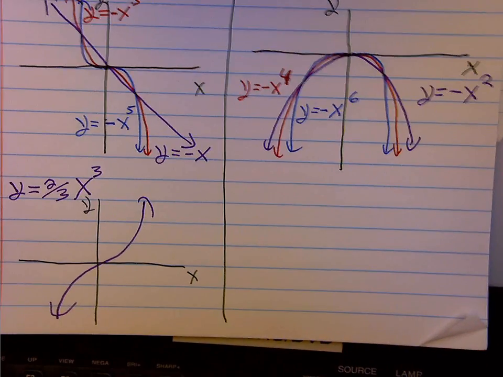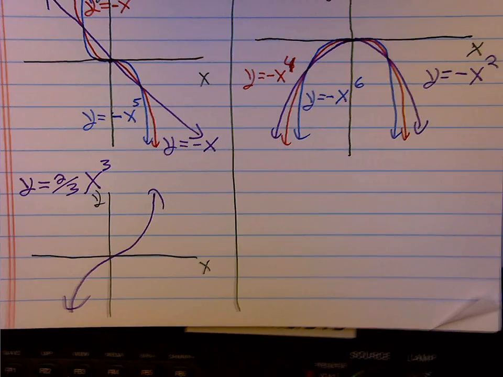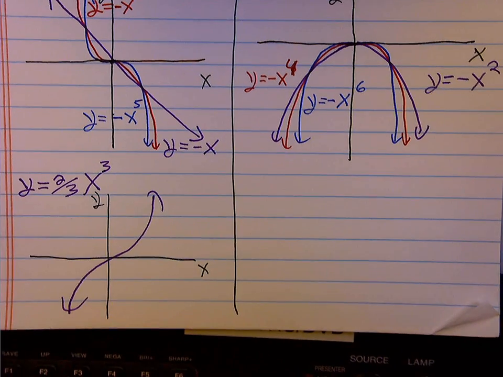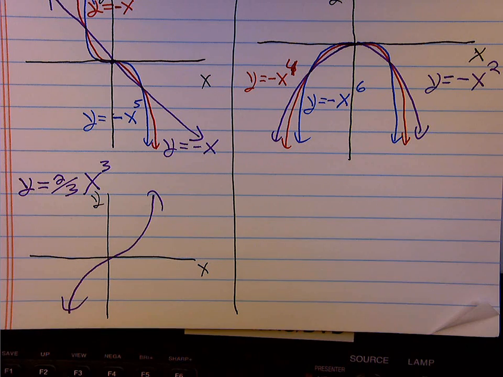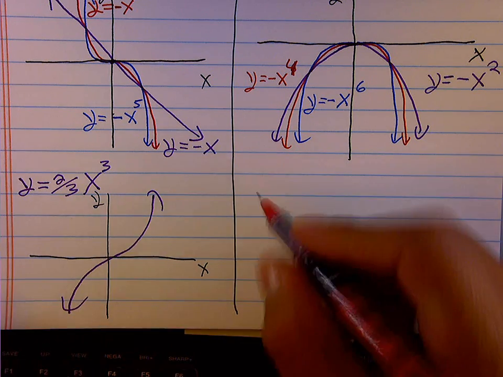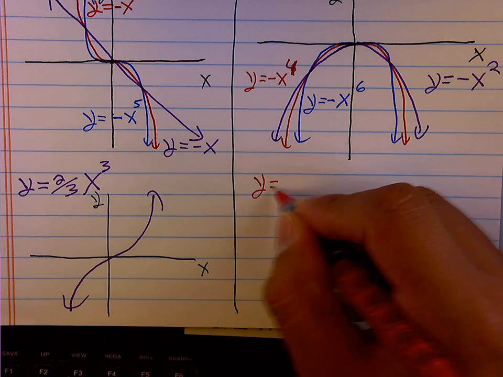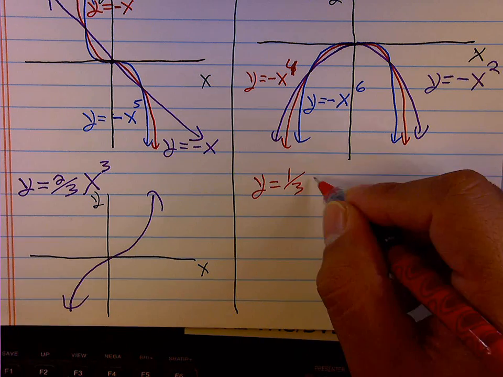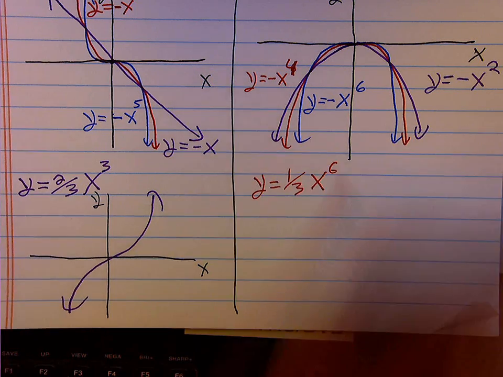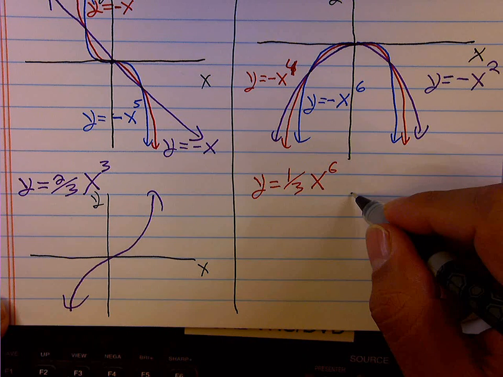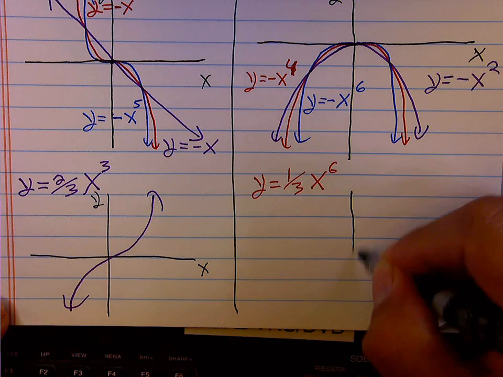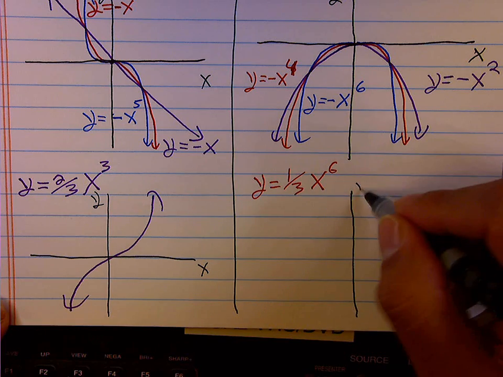Which means if I give you this formula here and asked you to make a quick rough graph, you would know it's going to have a basic shape of a parabola.